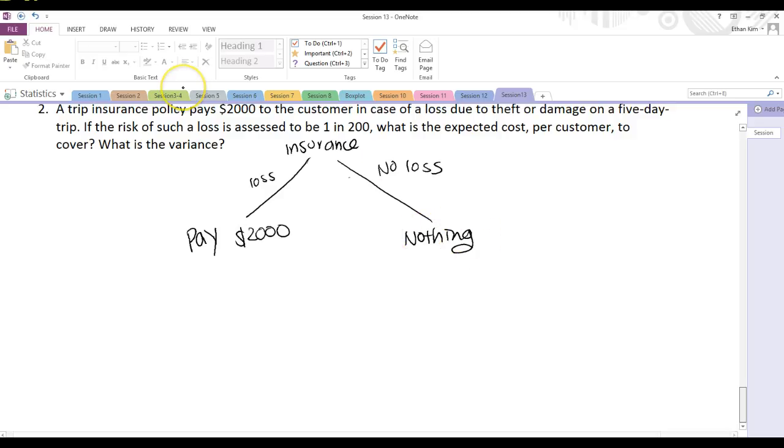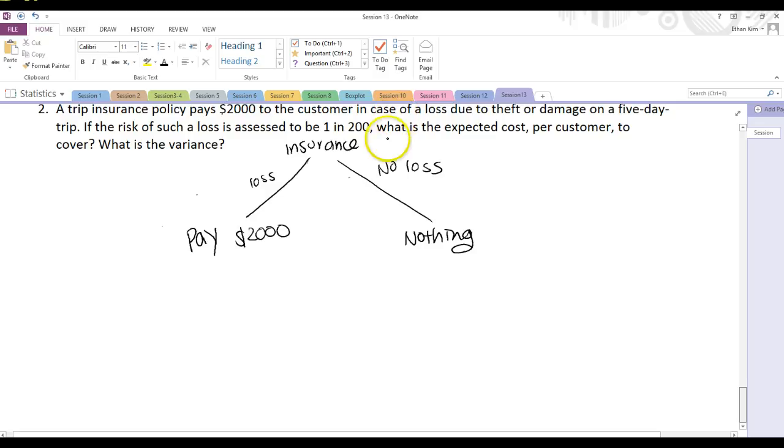Okay, so if you were to make this into a variable, then we would have two different cases: when there is a loss and when there isn't any loss. And from the context of the question, we have to figure out what the random variable is.